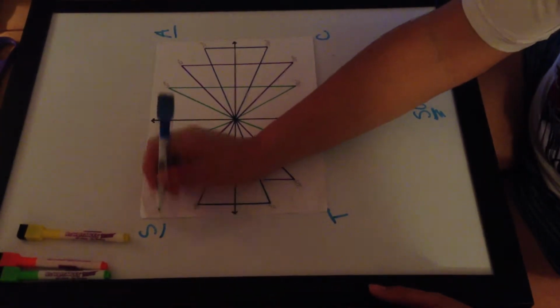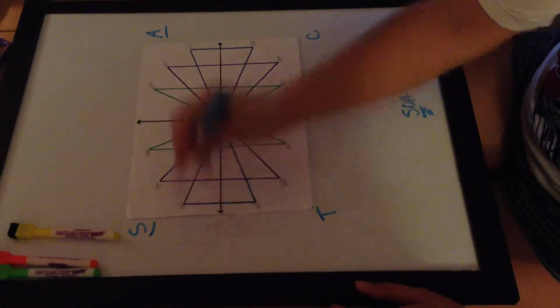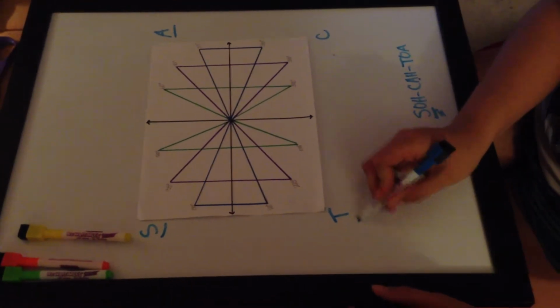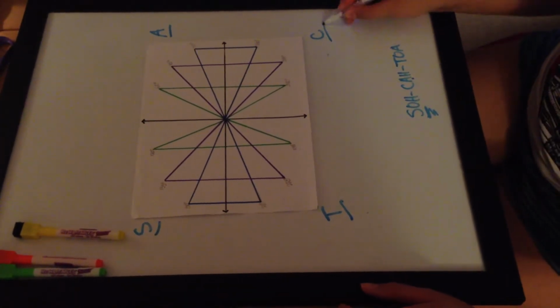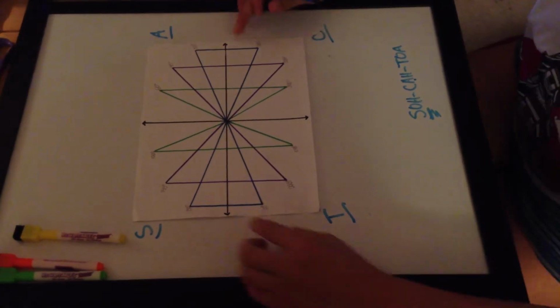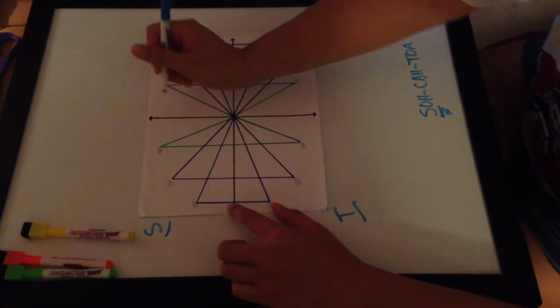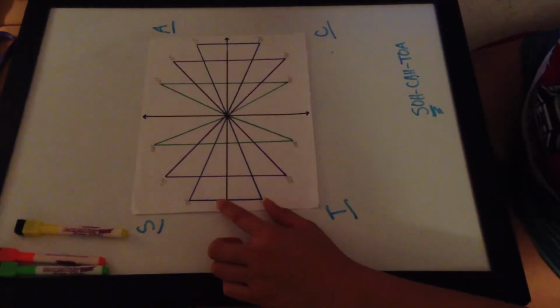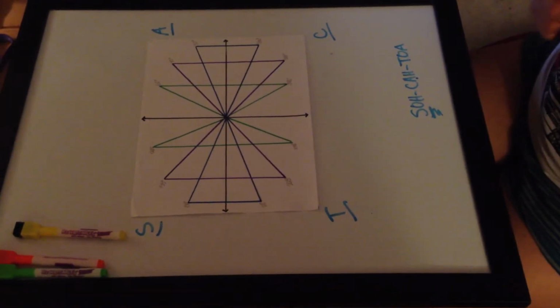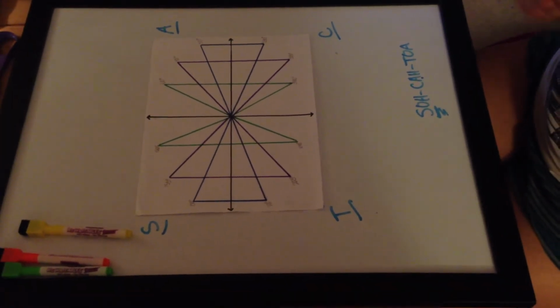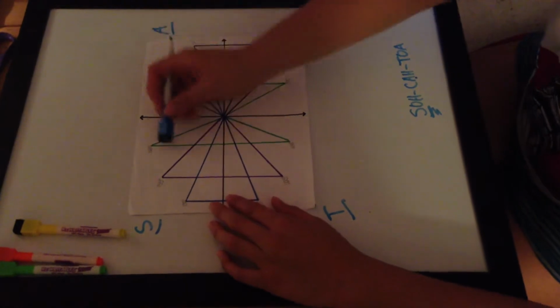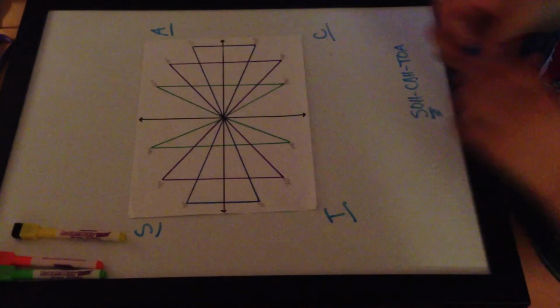In this quadrant, only the sine is positive, tangent, and cosine. So, if we go here to our 120, it's going to have the same values as your 60 degree, but only your sine will be positive.